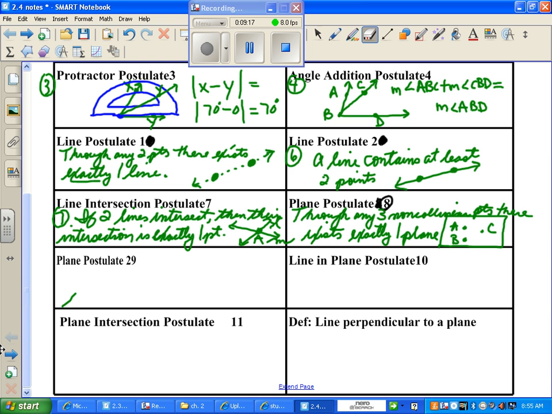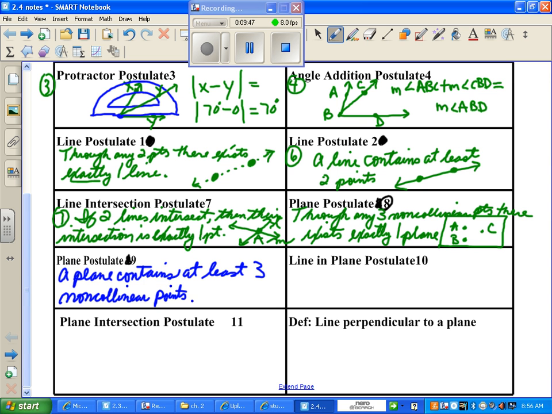Okay, next is postulate number 9, and this is the plane postulate. The plane postulate says a plane contains at least 3 non-collinear points.